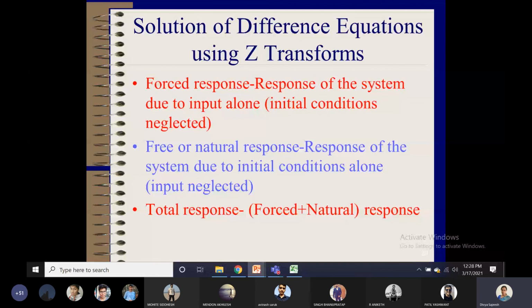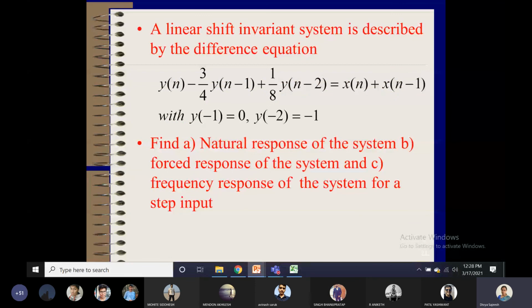Then we are adding these two together to get the actual response or the total response of the system. First we obtained with initial conditions and second we obtained without initial conditions, only step input given. Then these two responses can be added together to obtain the total response.